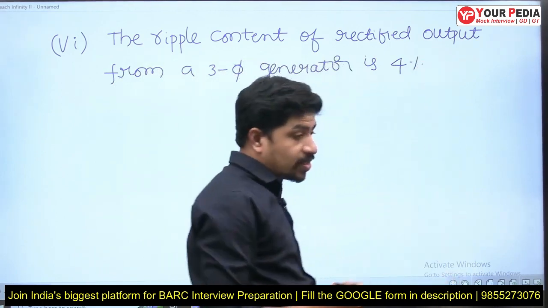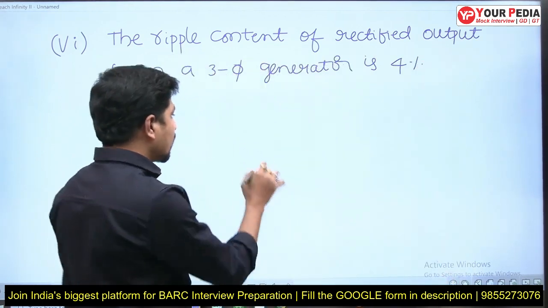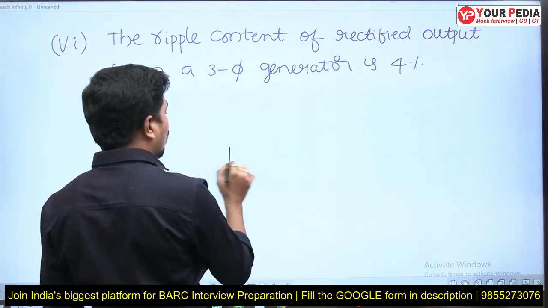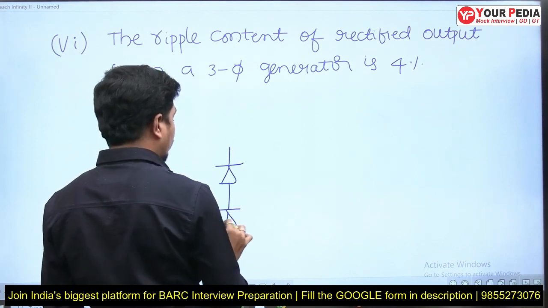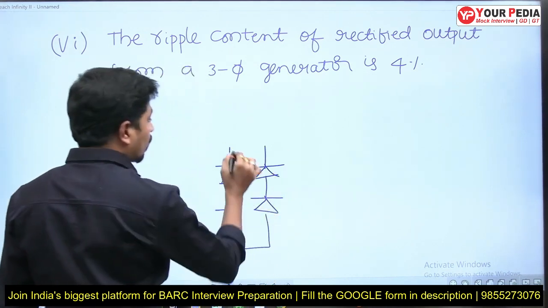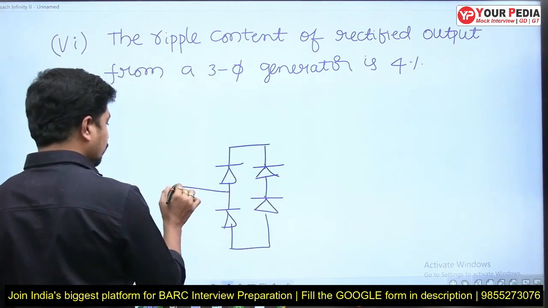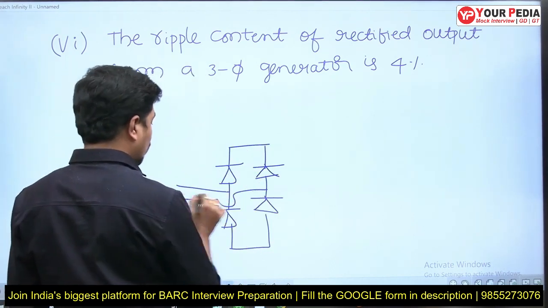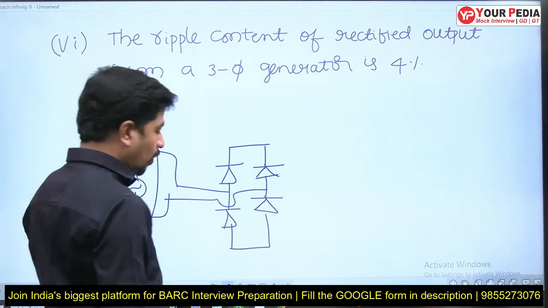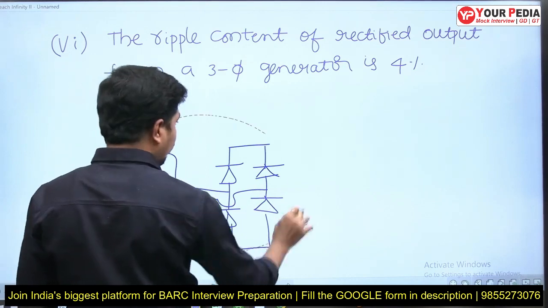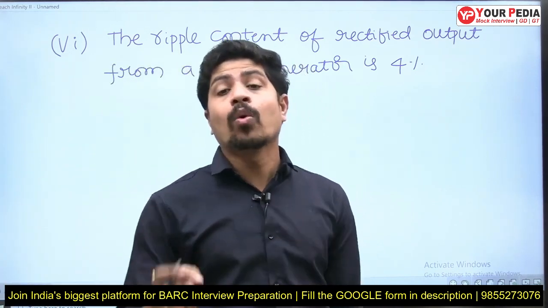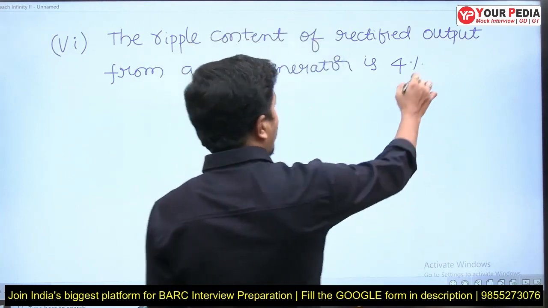Means, it is a three phase machine. From this machine, you are doing a rectification, a full wave rectifier operation. This is a three-phase machine, not single phase. Generally, the three-phase rectifier will be different. That rectified output is going to have only 4% ripple.